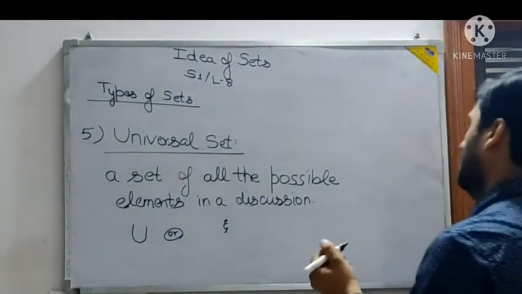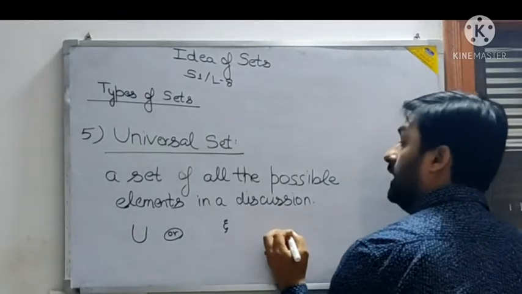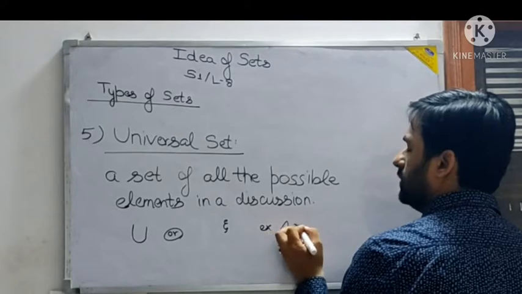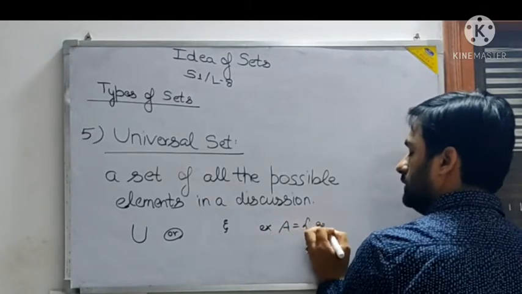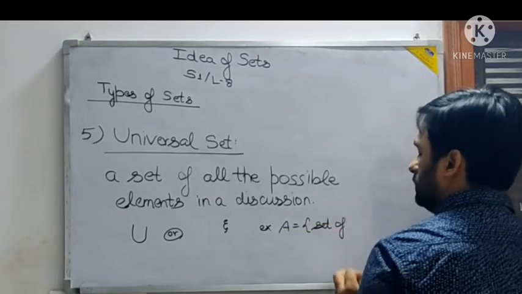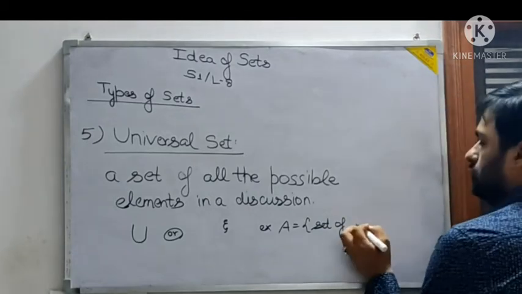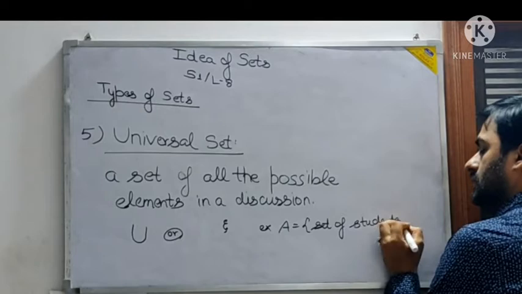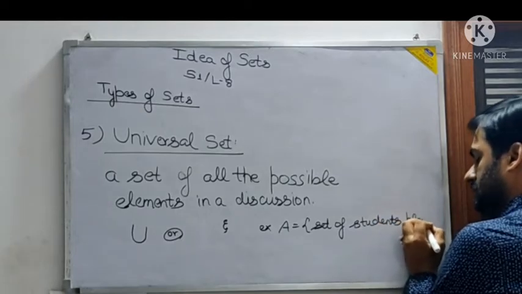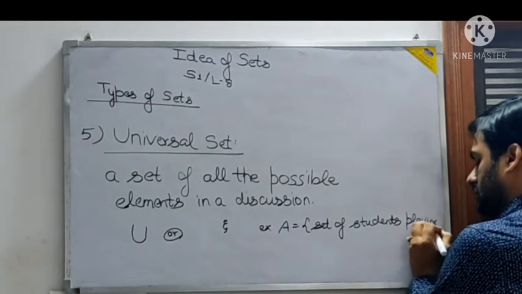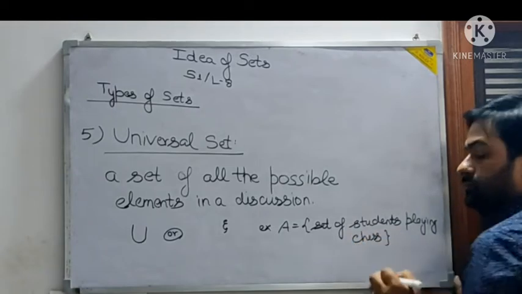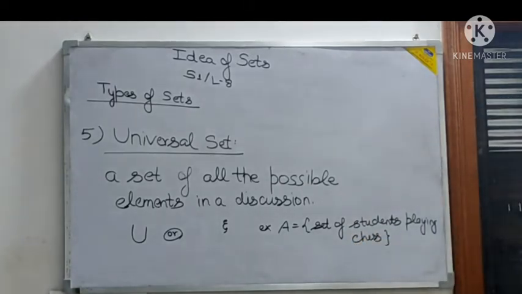Then what? Example. Suppose we are taking A equal to the set of students playing chess. Okay? A set of students playing chess.